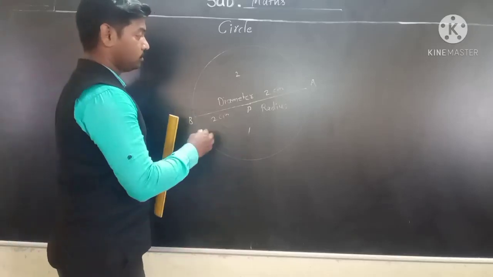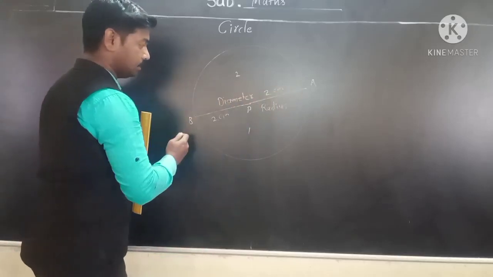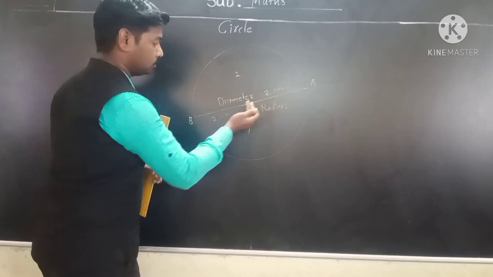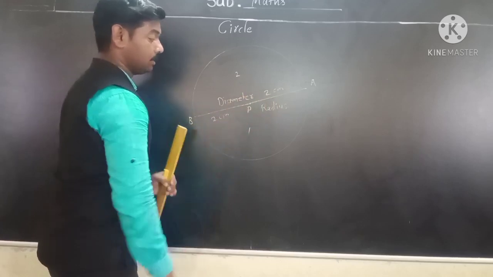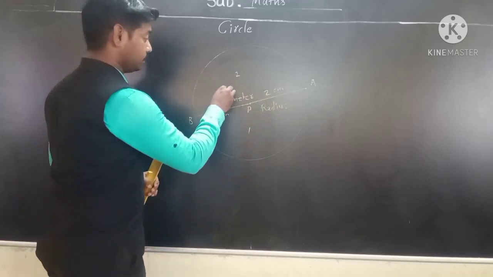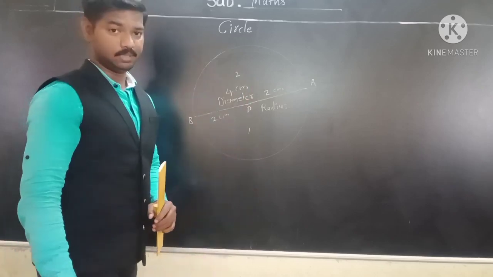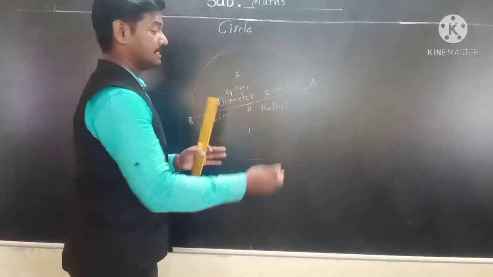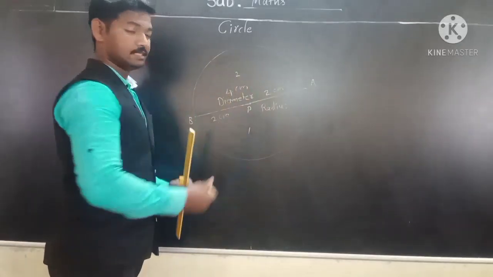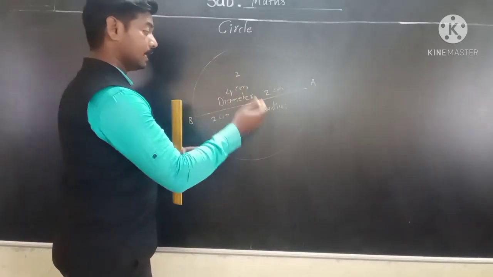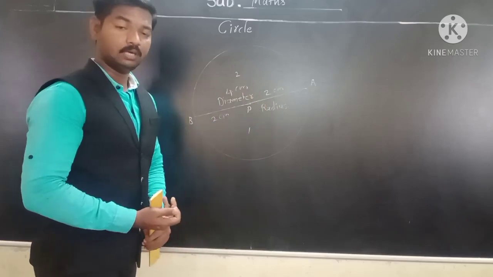Okay, if you see AP and PB, 2 plus 2, then it will be 4 centimeter. Okay, so the diameter will be 4 centimeter. Means diameter is double of radius. Yes, means diameter is 2 times of radius.